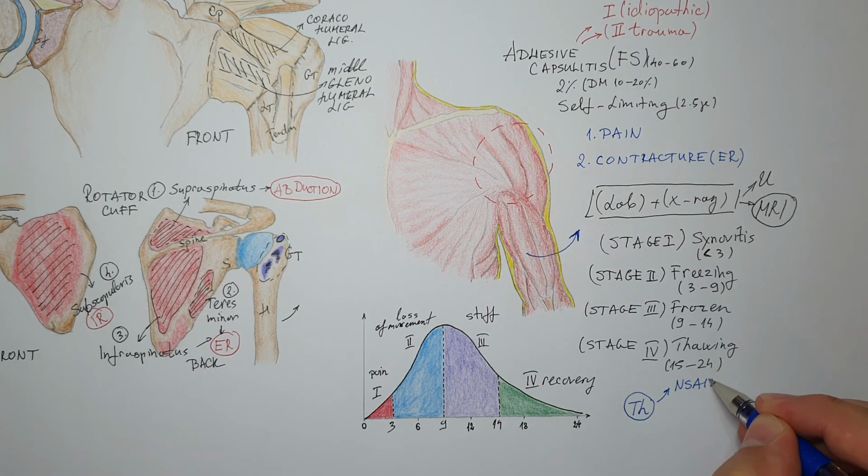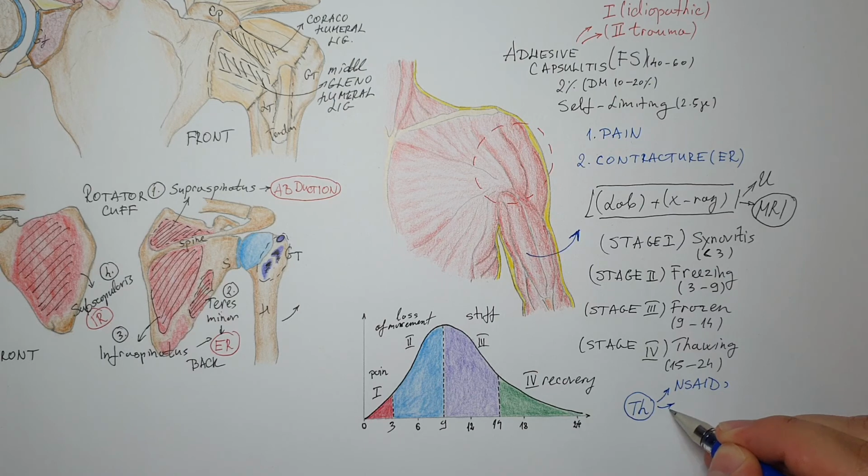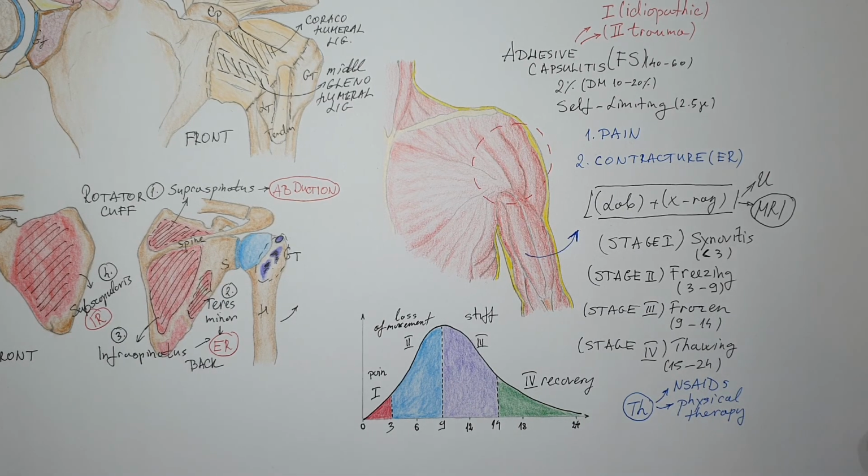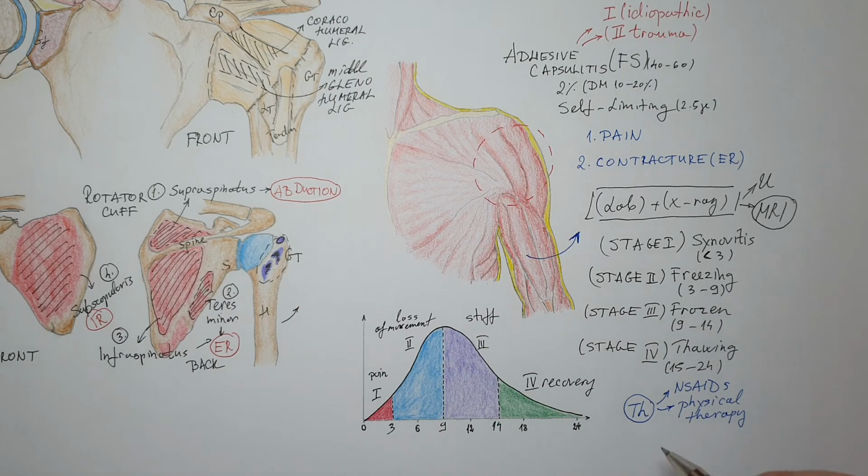So NSAIDs will do it, and we should also do physio or physical therapy. So physical therapy protocols are developed for this disease, and they will make sure that only a small amount of patients will in the end have some kind of contracture.